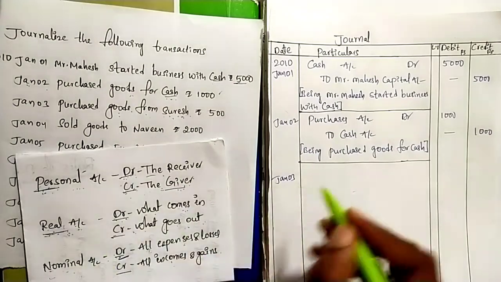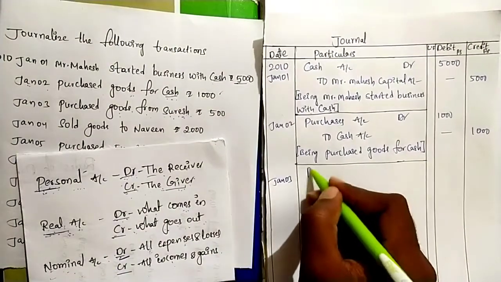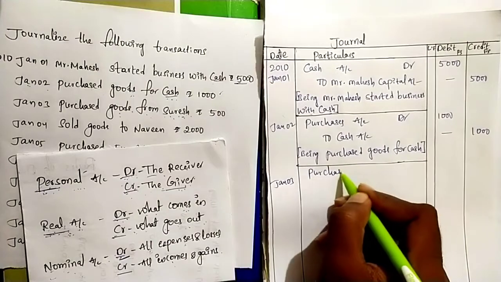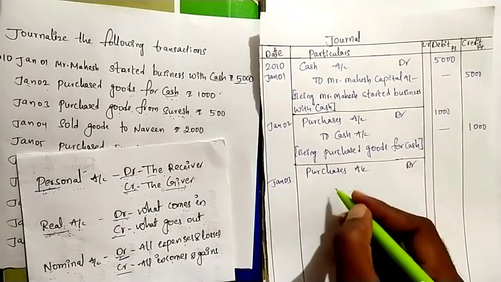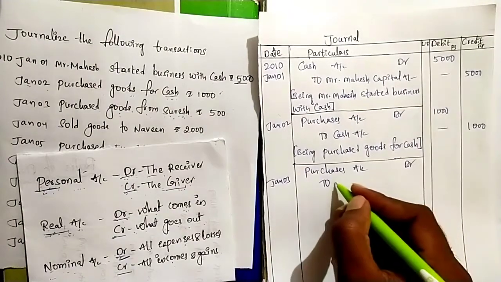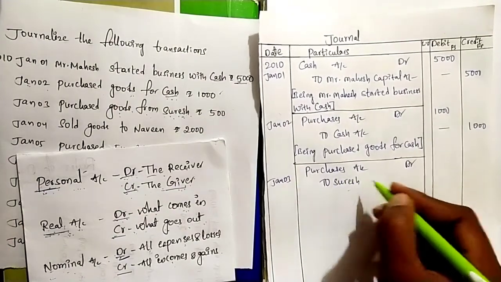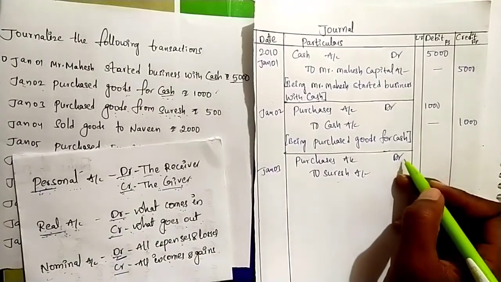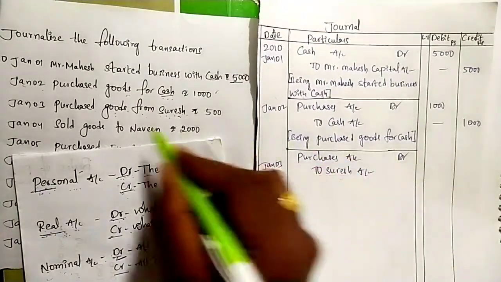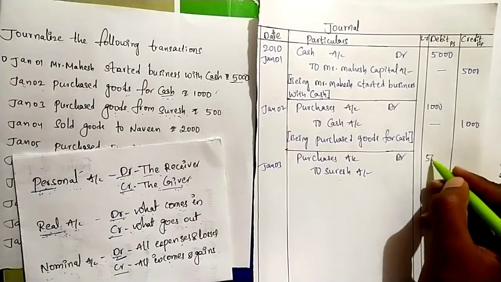So purchase account debited. See this, purchases account, debtor to Suresh account. Purchase account debited because it is an expenditure. How much? 500 rupees.